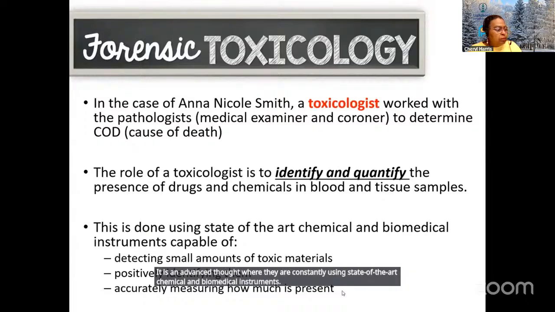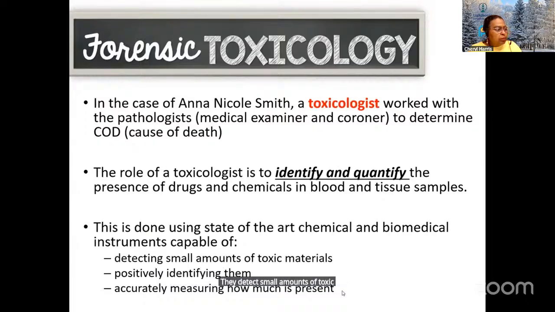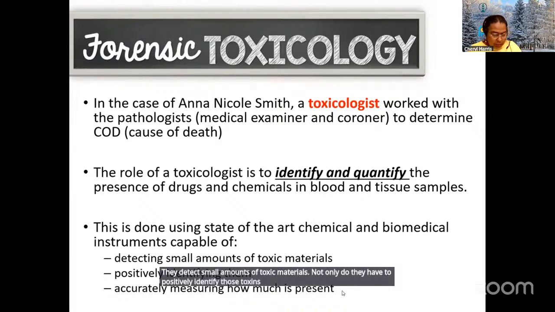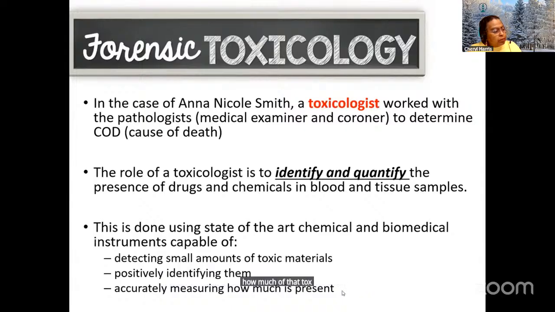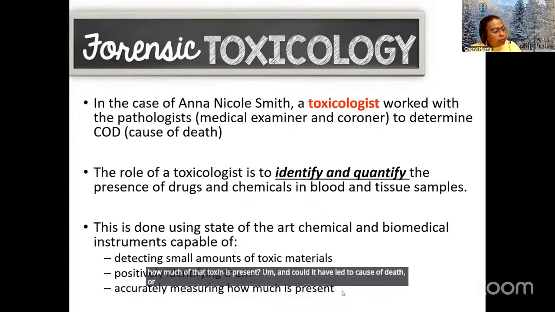They detect small amounts of toxic materials. Not only do they have to positively identify those toxins, but then they have to have a way of accurately measuring how much of that toxin is present. And could it have led to cause of death or the death of a person?